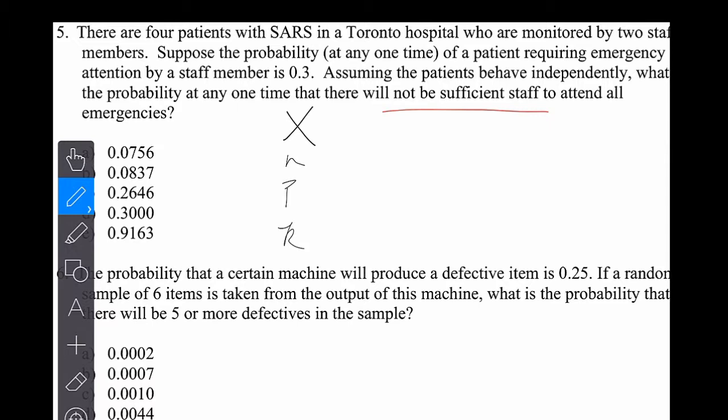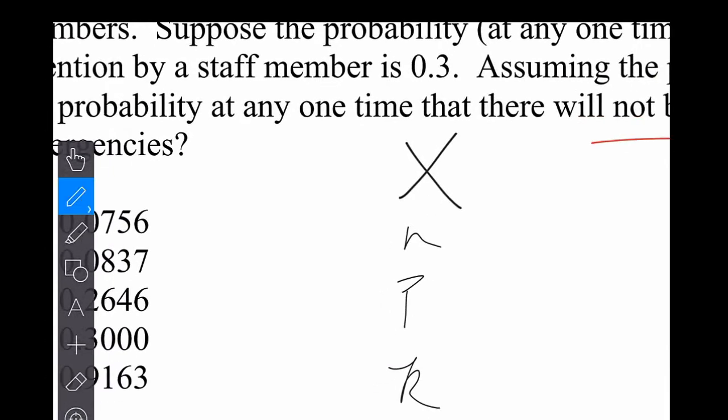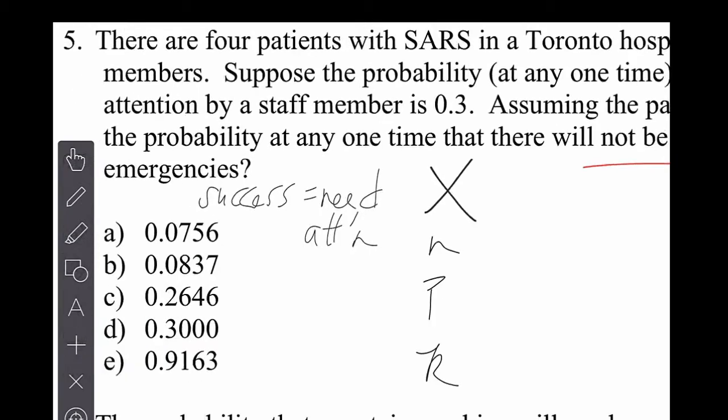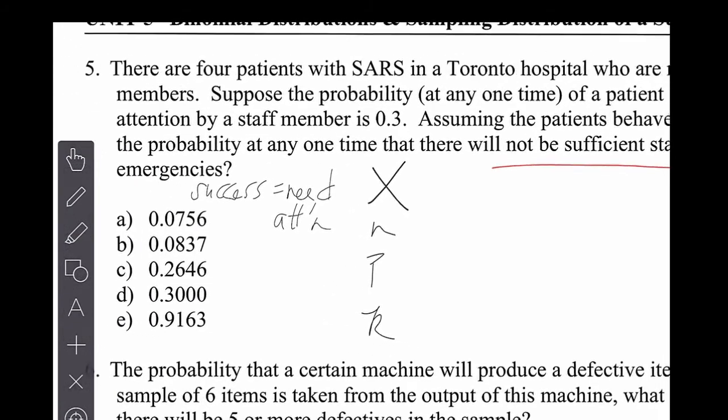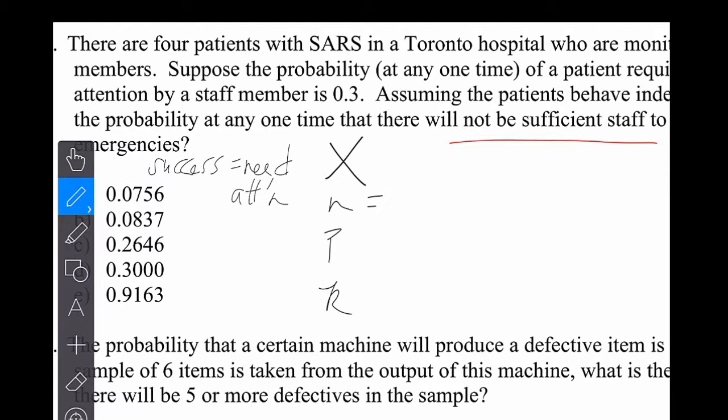I'm going to define success as needing attention. So success equals needs attention, and there are 4 people that potentially need attention, and each time we're going to check either none, 1, 2, 3, or 4 need attention. The chance of needing attention is 30%.